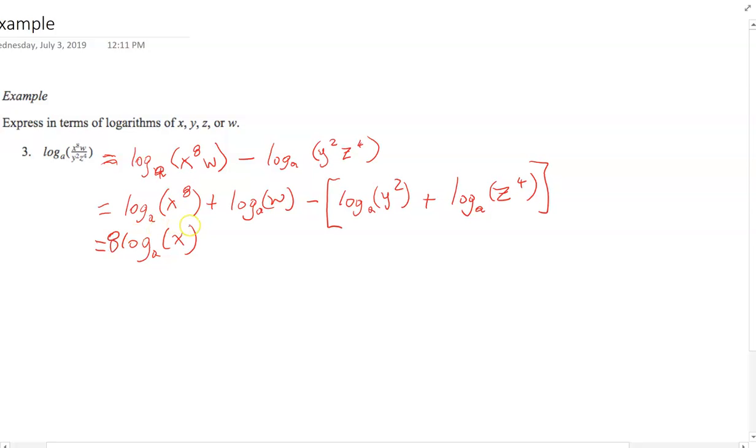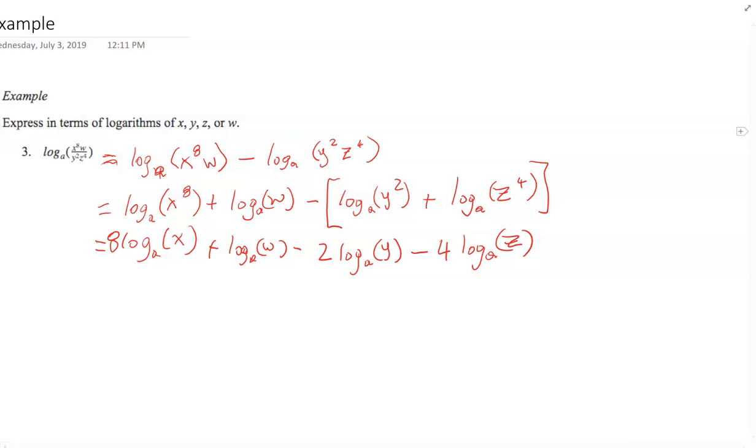Bring this 8 to the front, so that's 8 times log base a of x plus log base a of w minus, we can bring this 2 over again, so that's 2 log base a of y, and then this minus is distributed to this plus, so that's a minus, and then applying property 3, this 4 comes over, so it becomes 4 log base a of z, and we're done. Okay, so we're done right there.